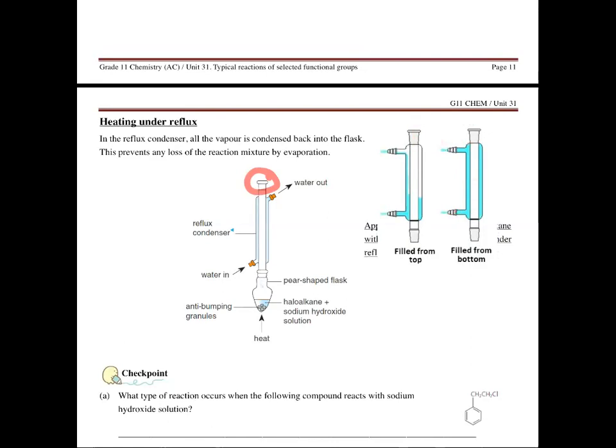Hence, if the haloalkane vapour touches any part of the condenser, it will condense back to liquid and drop down. So two things you need to highlight for this part: the open end and also the direction of the water we put in.